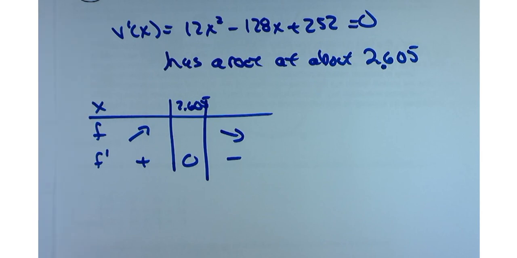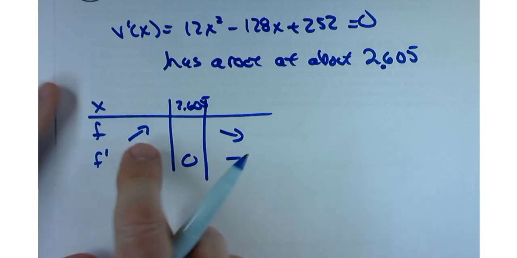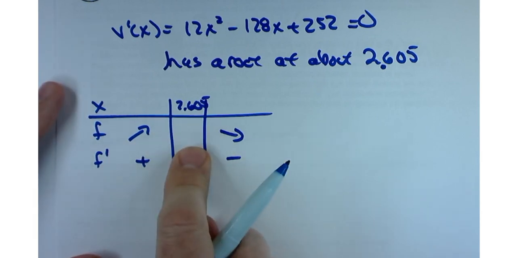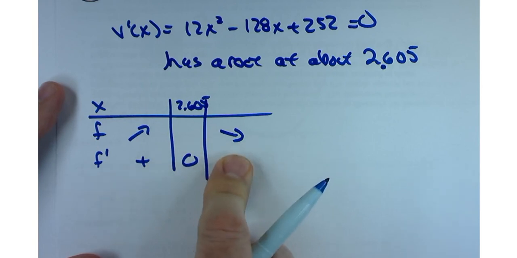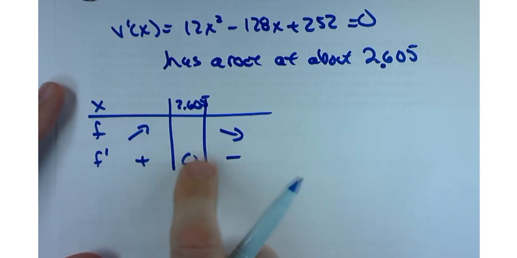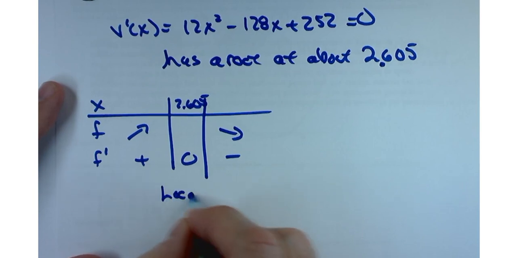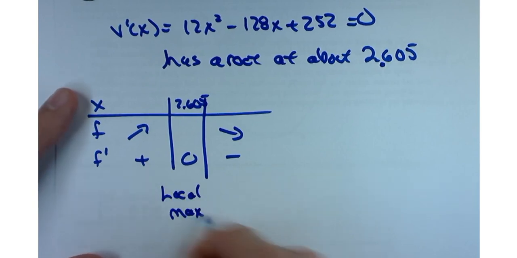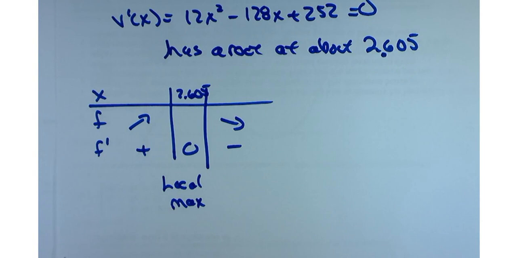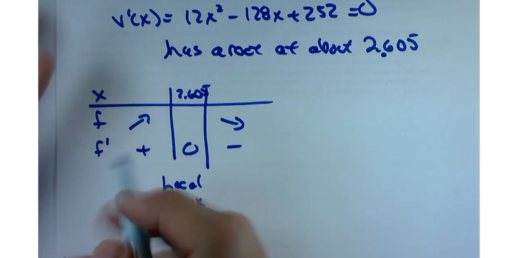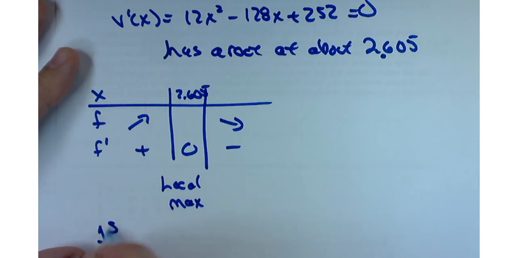Great. So if you go from increasing to a critical point to decreasing, what kind of a point does this have to be? It has to be a max. In this case, it's a local max, but relative to our function on the interval 0 to 7, it's really the absolute max. So this is great. This is the first derivative test.